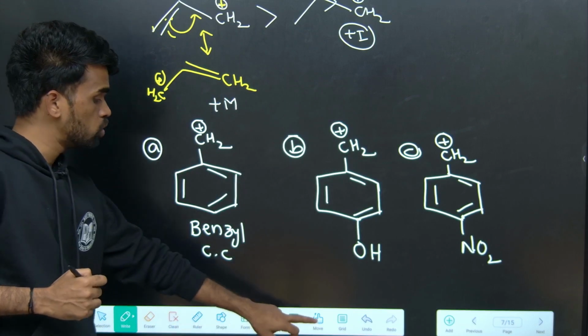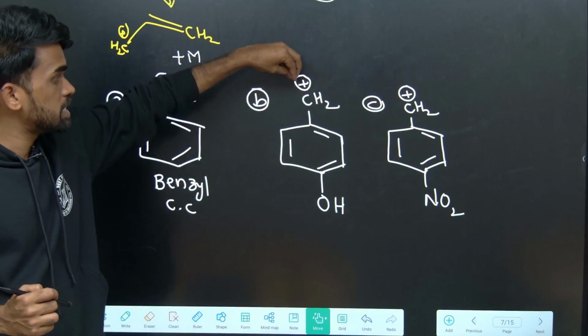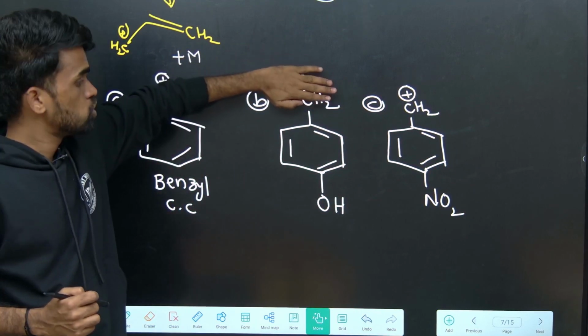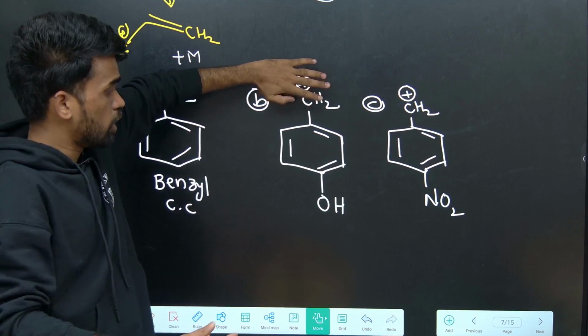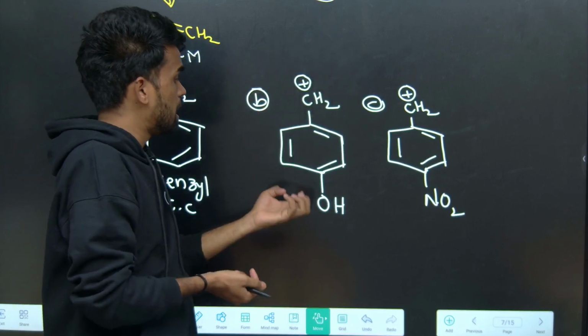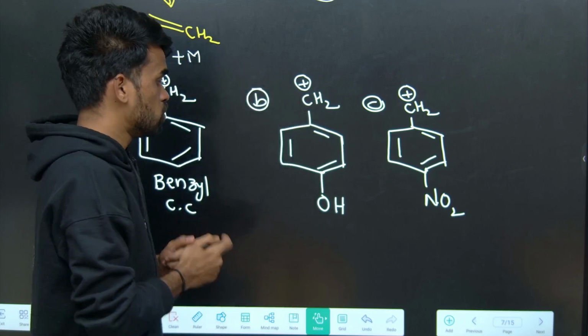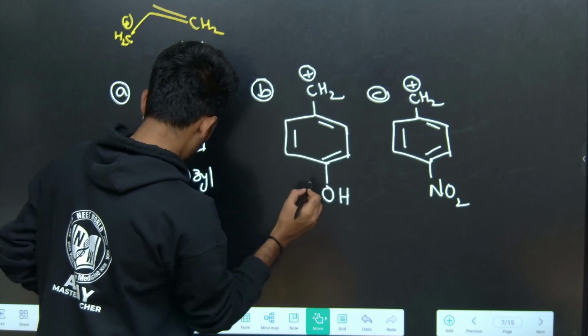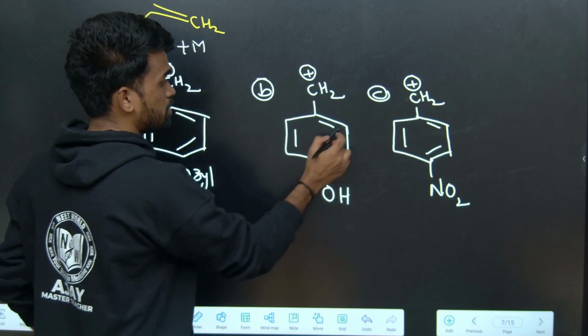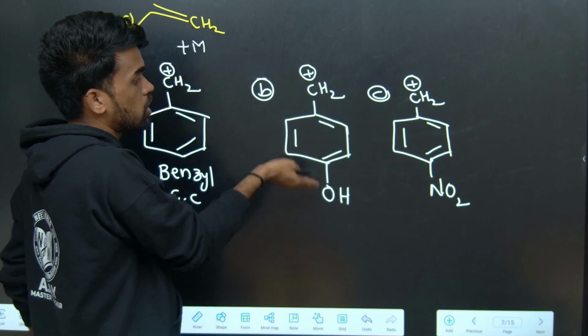I told you carbocation means it is an electron deficient site. So this electron deficient carbon should be stabilized by a group which releases electrons towards it. It means we require an electron releasing group to stabilize this benzyl carbocation. So some groups should be present either at the ortho position or at the para position, so they can release electrons into the ring.